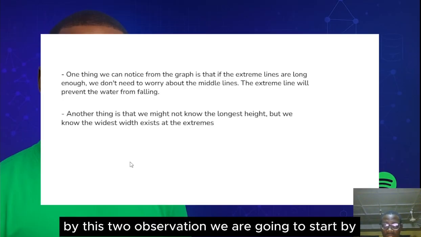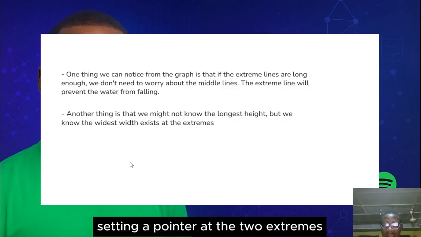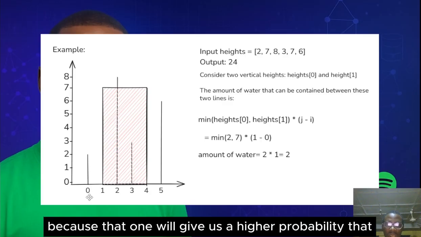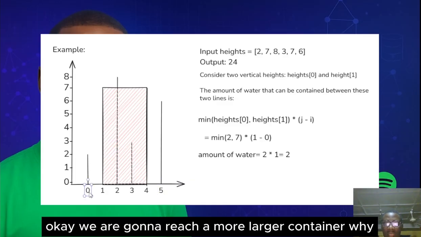By these two observations, we are going to start by setting a pointer at the two extremes, because that will give us a higher probability that we are going to reach a larger container. Why?